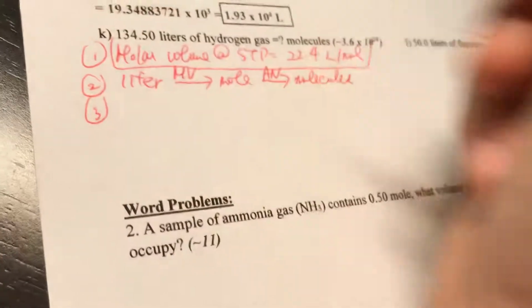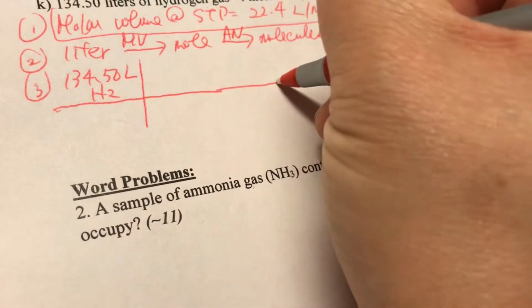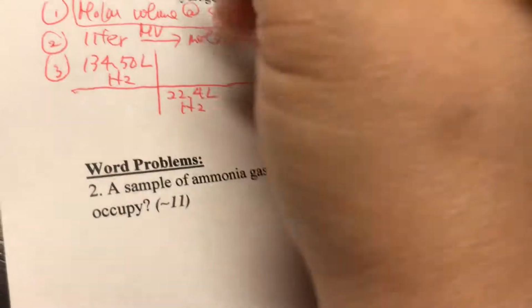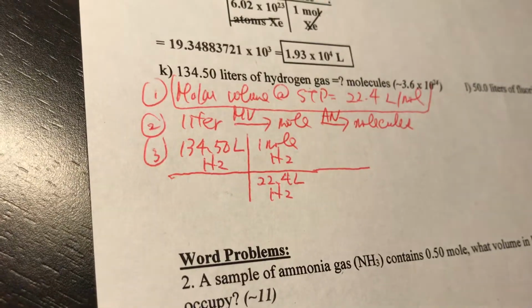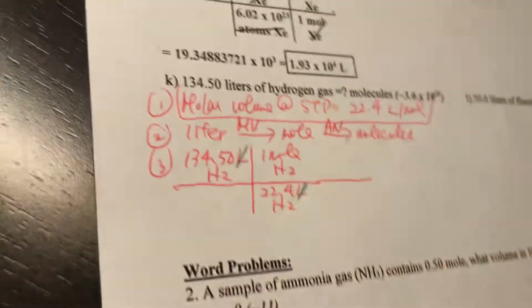So step 3, we set up Superman. 134.50 liters hydrogen gas is H2. All right, it's diatomic. So the first one I'm using MV, 22.4 liters per mole. So 22.4 liters H2 on the bottom, and then 1 mole H2 on the top. Okay, so I'm going to cancel my liters.